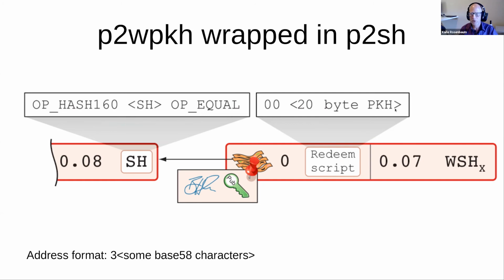And this redeem script is what a proper pay to witness public key hash output would look like. So you use this as if it was in the output of the transaction, of the spend transaction. And you verify this against the witness. These addresses also look like 3 followed by some base 58 characters, because this is a compatibility layer.